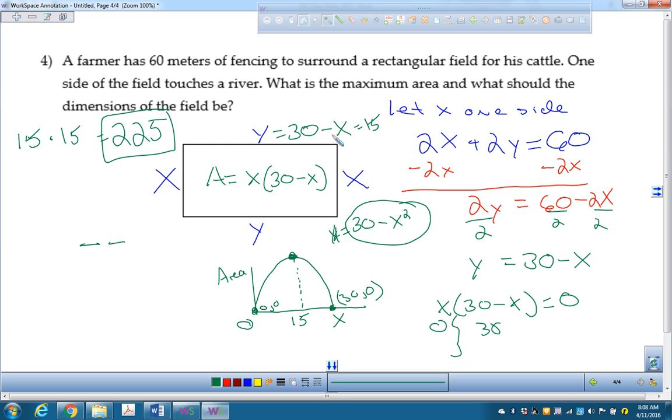Negative b would have been negative 30, and 2a would have been negative 2, and I would have gotten 15. See that? That would have given me the x coordinate of the vertex.